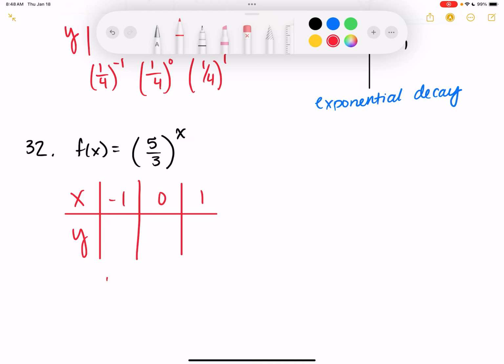So, I've got 5/3 raised to the -1. What happens to that? Flips it, and it is 3/5. How about 5/3 to the 0? 1. And 5/3 to the 1? 5/3.